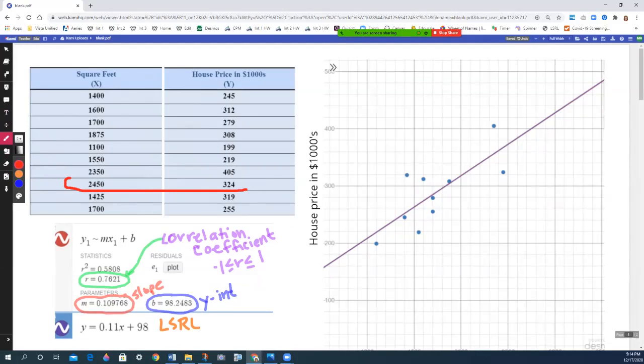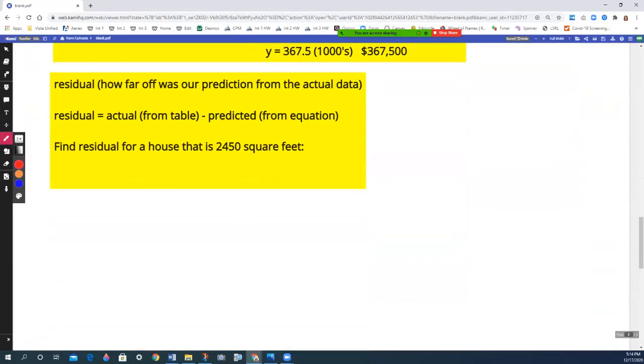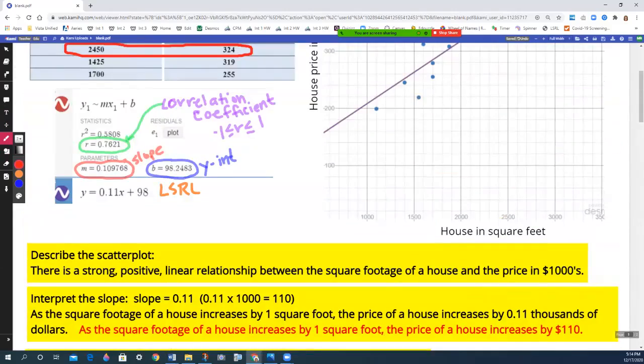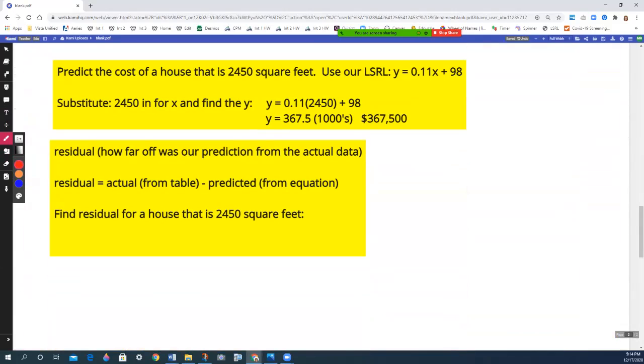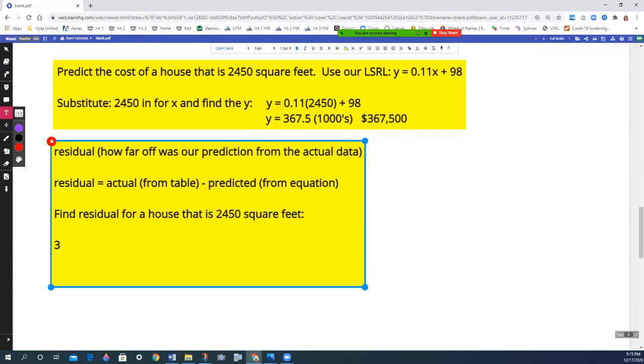This is our actual. So it was 324,000 was the actual. So if I come here I am going to take that 324,000. Okay, that is my actual.